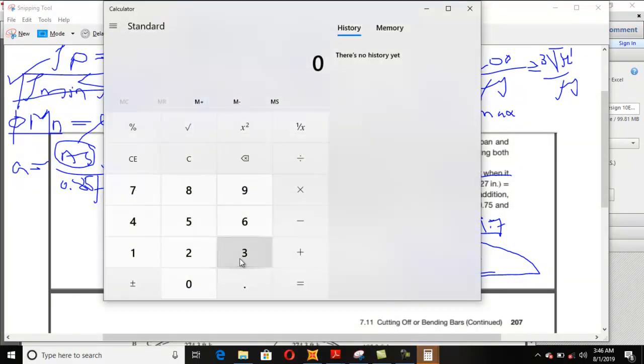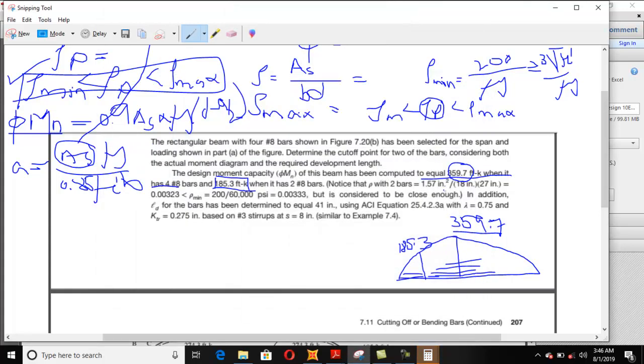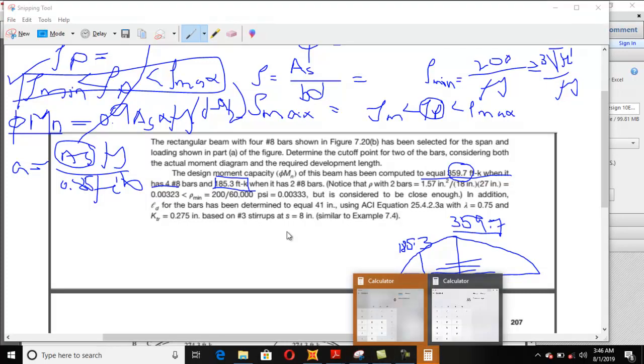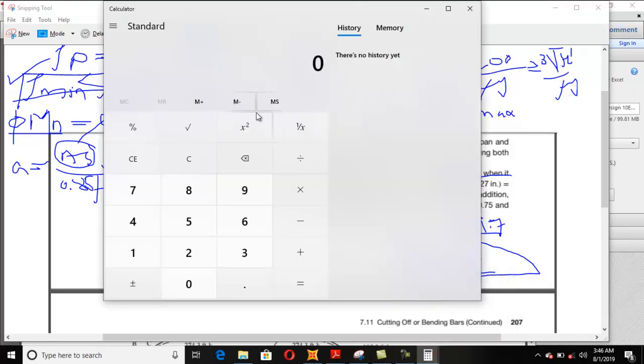You have 359.7 divided by 2, so 179, say 180.